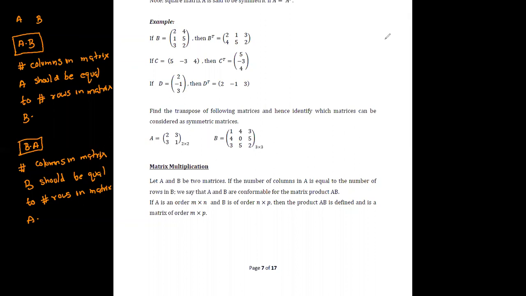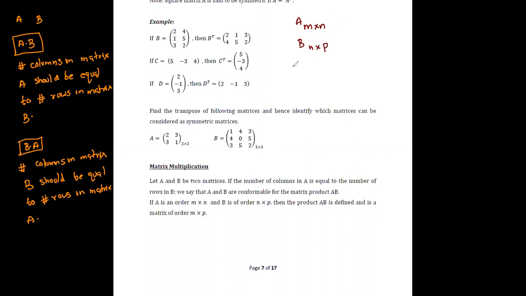Let me explain it this way. Let matrix A be a matrix having the dimension m by n, and let B be another matrix having the dimension n by p.